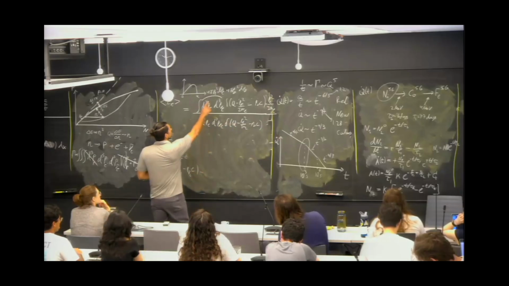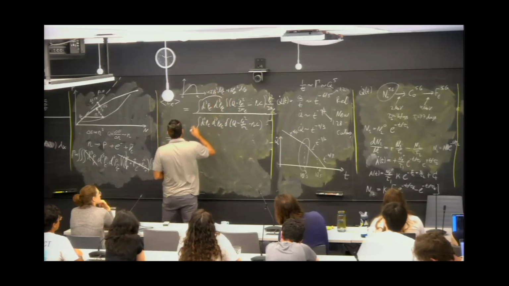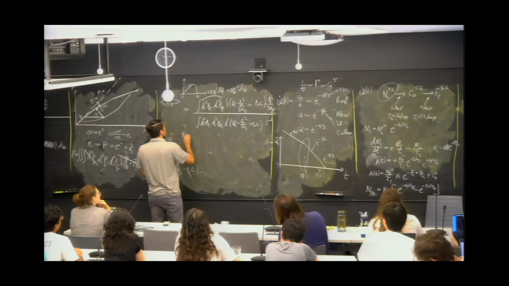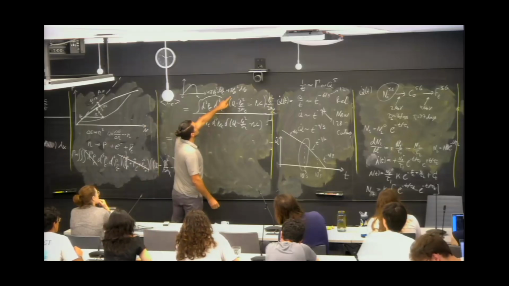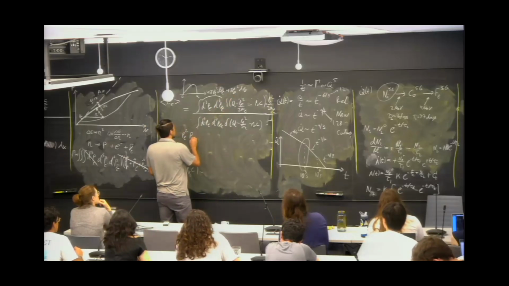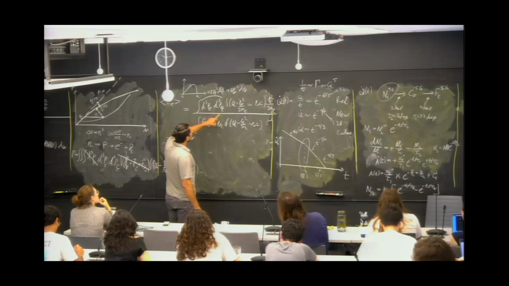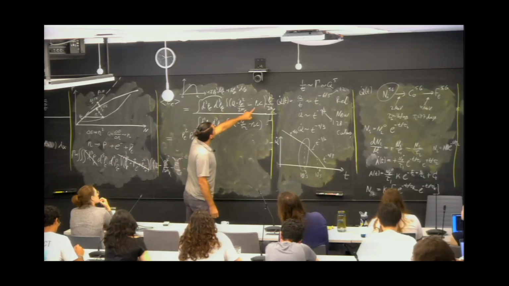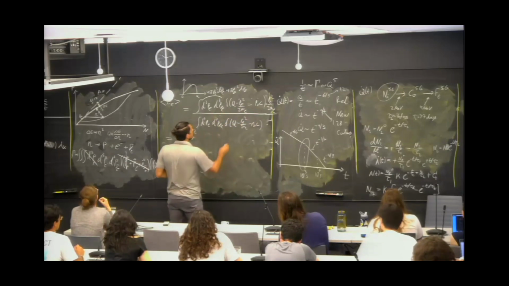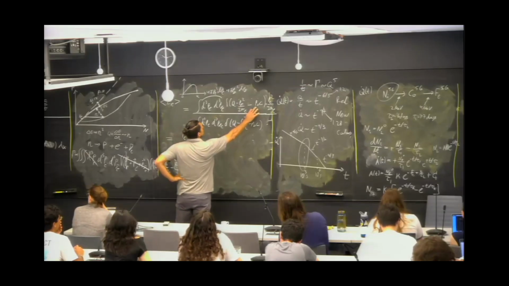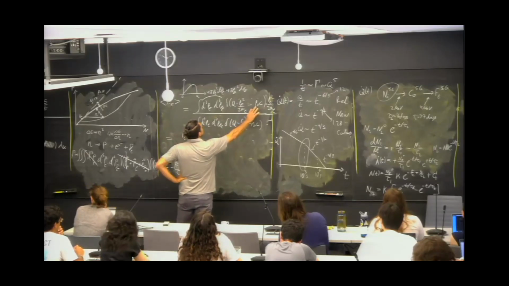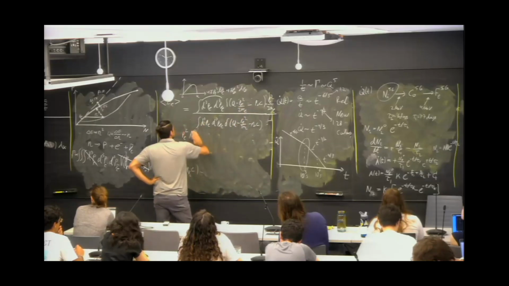So on the top, I have p electron squared, p neutrino squared, but there is a delta function that tells me what the value of p neutrino is.